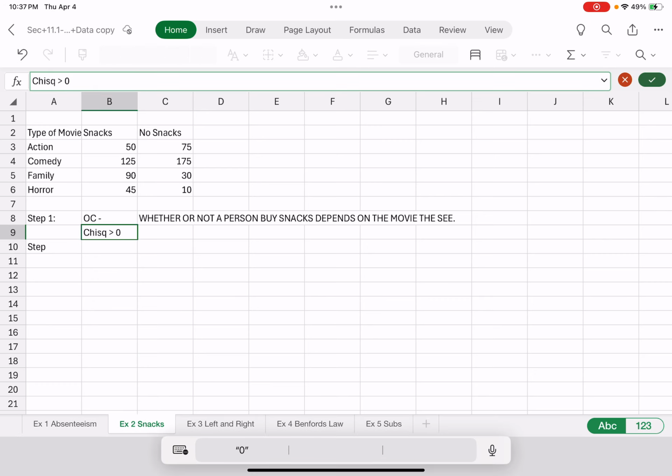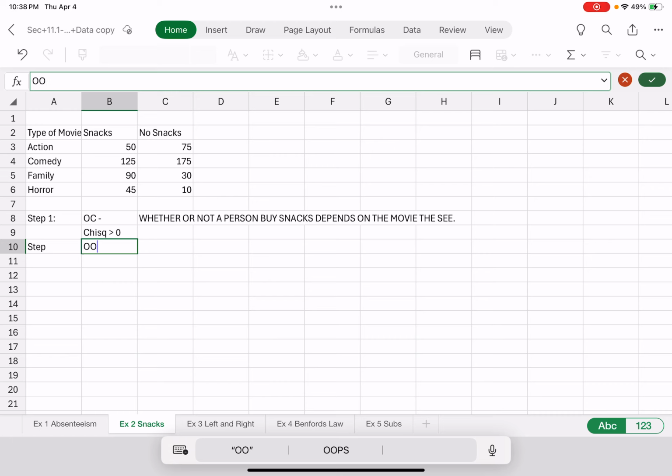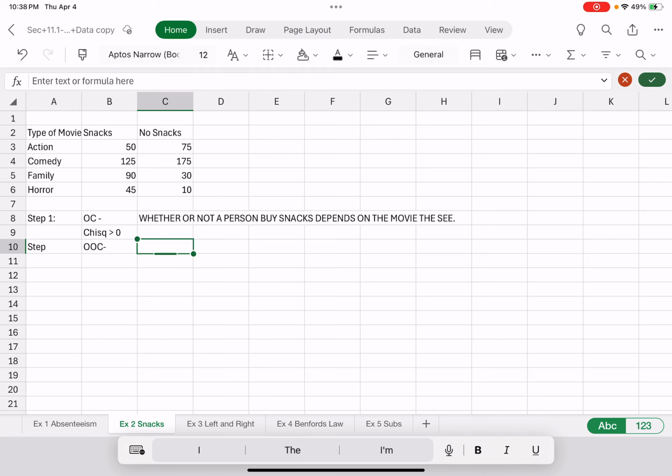We are assuming that they are independent and that it behaves as we would expect if it were random. So in this case, my original claim is that chi² is greater than 0, because it surely can't be negative, but it's not 0. The opposite of the original claim is this.